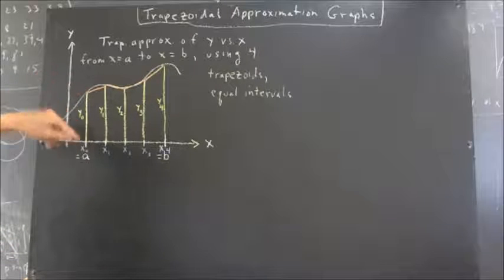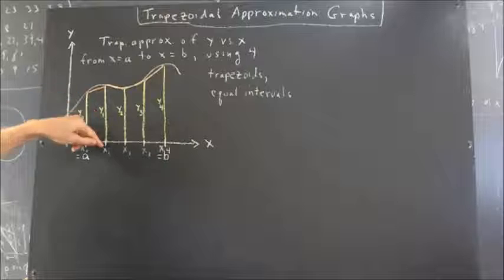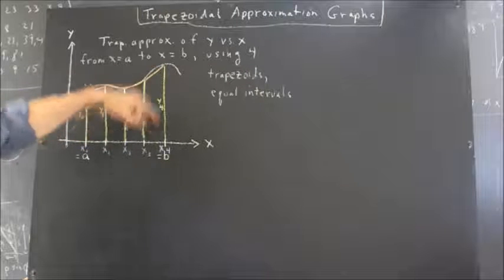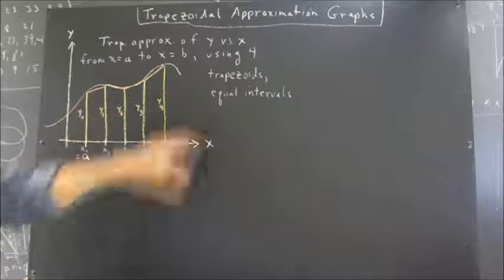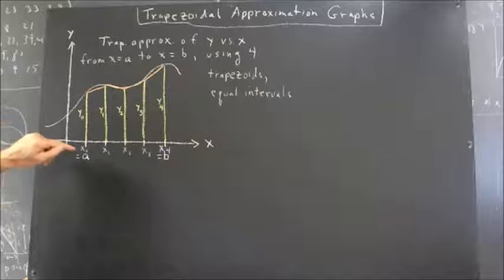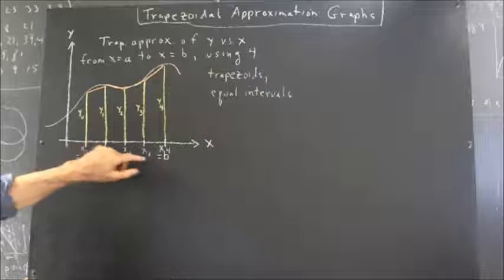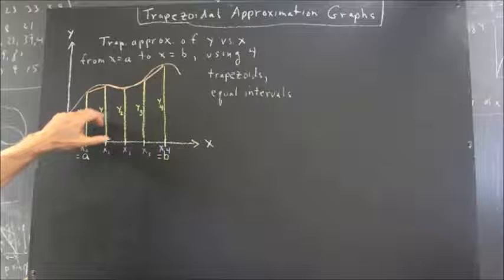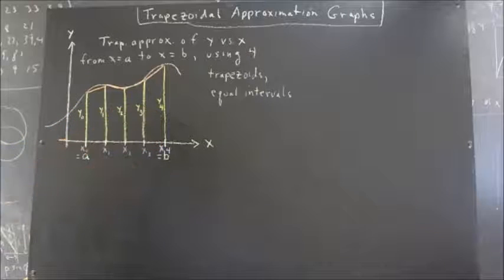Then y0 for the length of this projection line, y1 here, y2, y3, and y4 for the lengths of these projection lines. And these, again, if we have a formula for our function, we can plug in our values of x0, x1, x2, x3, and x4 to get y0, y1, y2, y3, and y4.